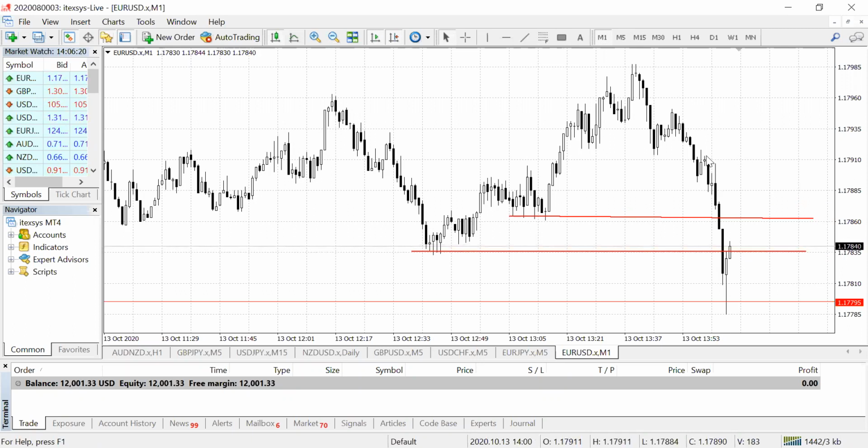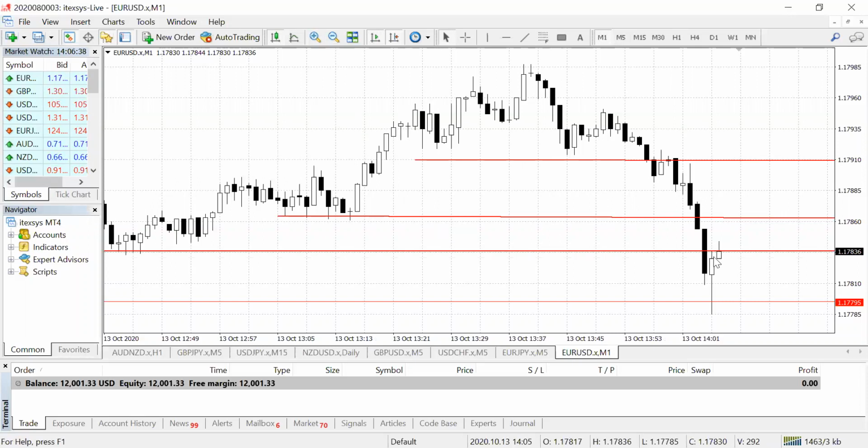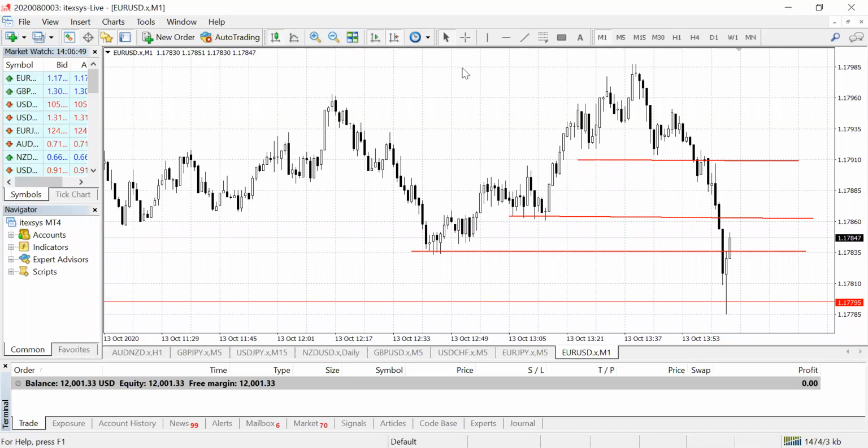And I don't see a clear supply to give me more, maybe this point right here, but I don't know. Okay, so those are this resistance supply up here. So let's see how this bar forms. And depending on how it forms and how it closes, we could think of shorting.